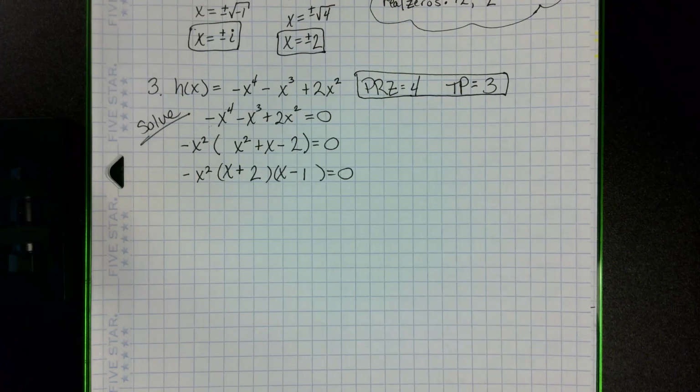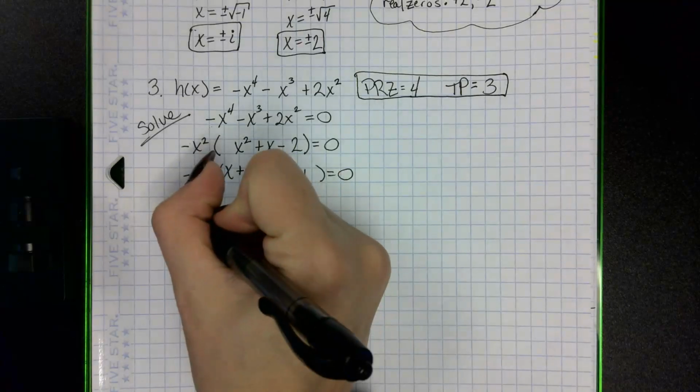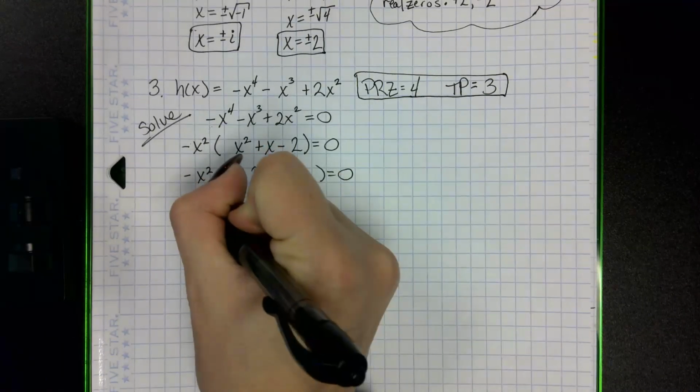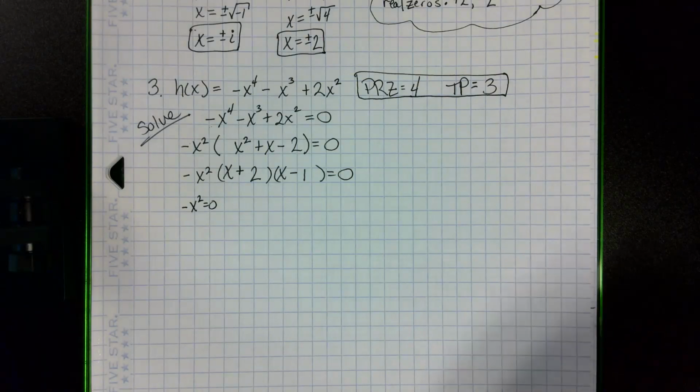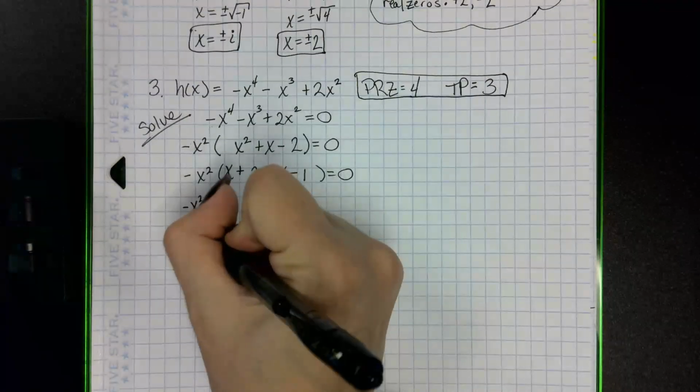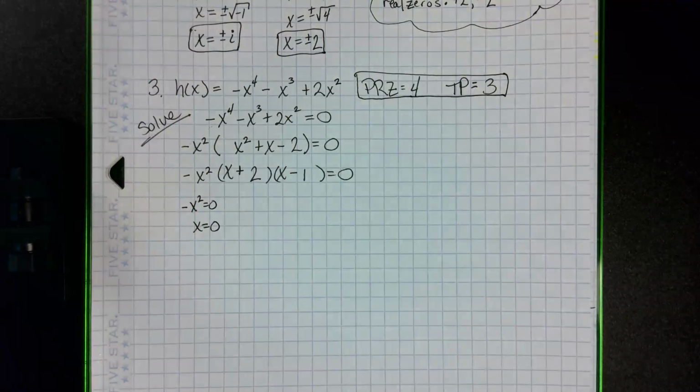After I factor, I set my factors equal to 0. So negative x squared equals 0. That just gives me x equals 0. Right? Because you divide by a negative. 0 divided by negative 1 is still 0. Square root of 0 is still 0. So x equals 0.